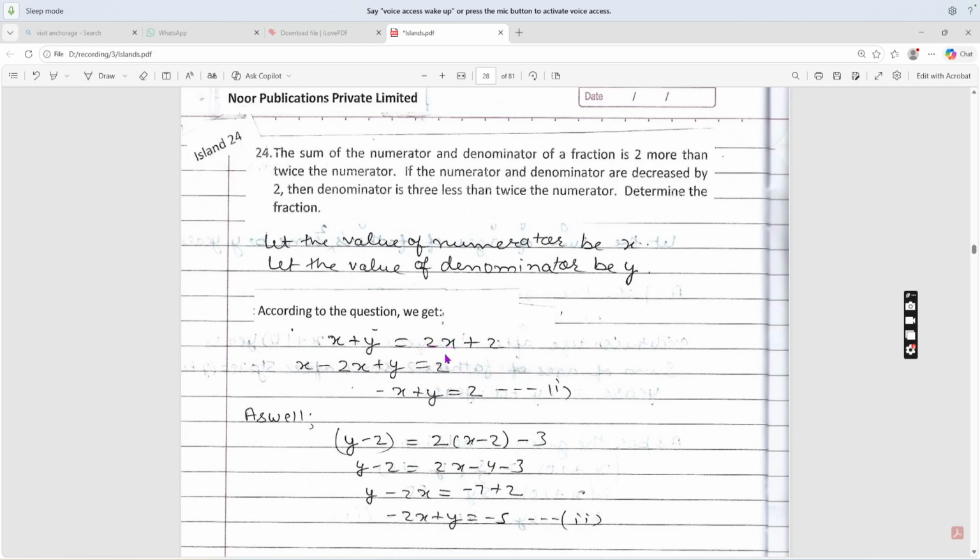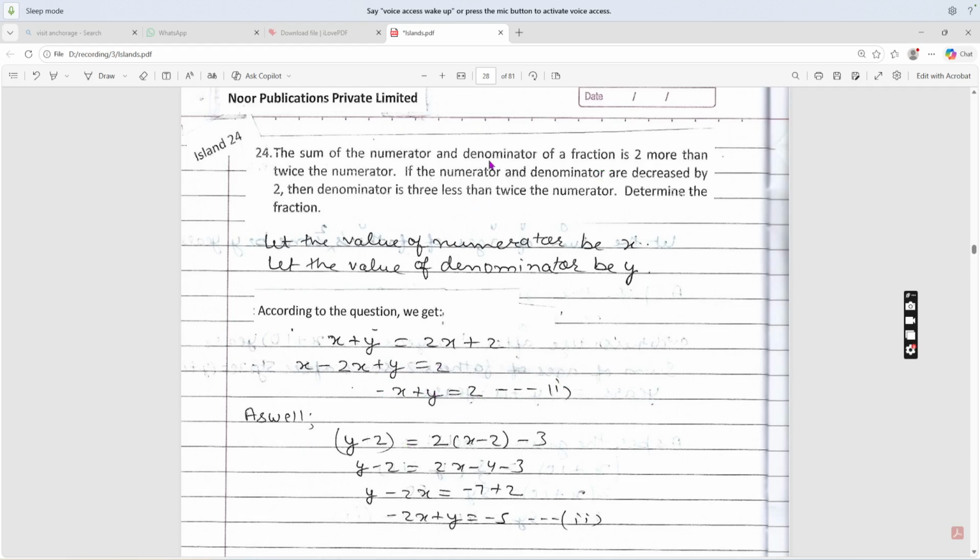What is numerator? Numerator is x. So x plus y is equal to 2 more than twice the numerator. Now the rest is very simple. We can write it like that: x minus 2x plus y is equal to 2. X minus 2x is minus x, plus y is equal to 2. It is the equation as well.